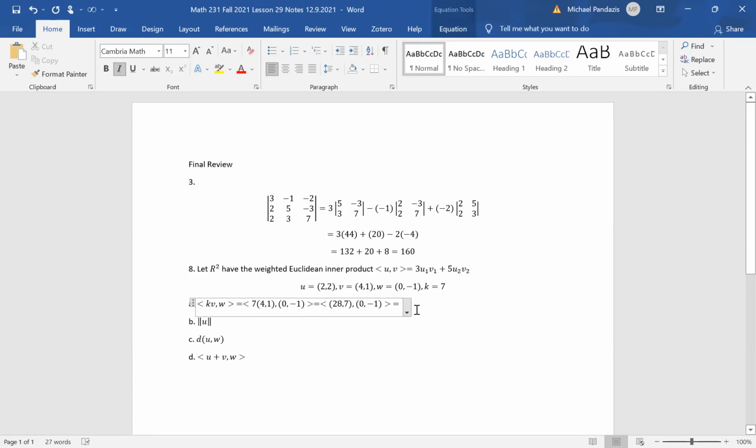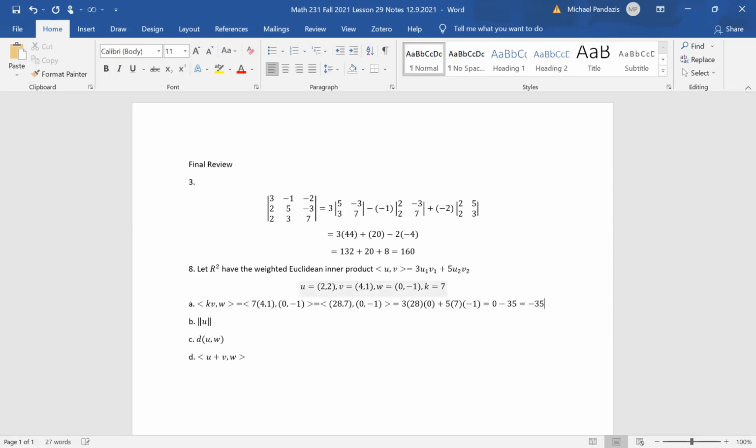So to compute this, you just take 3 times the first component of the first vector times the first component of the second vector, then plus 5 times the second component of the first vector times the second component of the second vector. The first term is 0, and then minus 35.